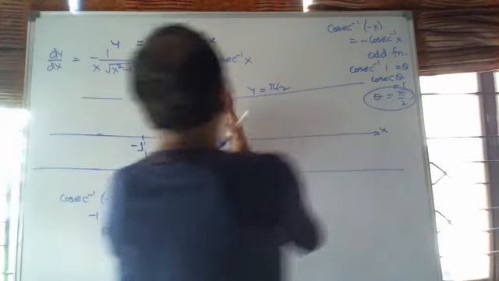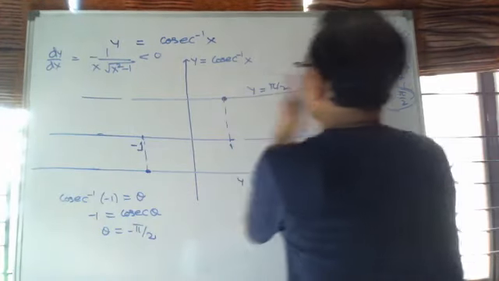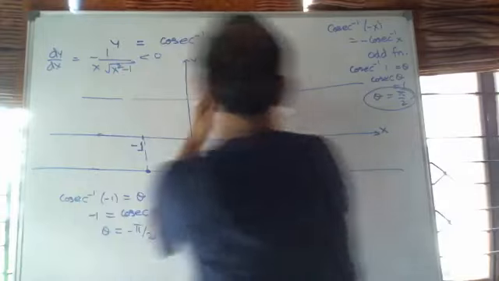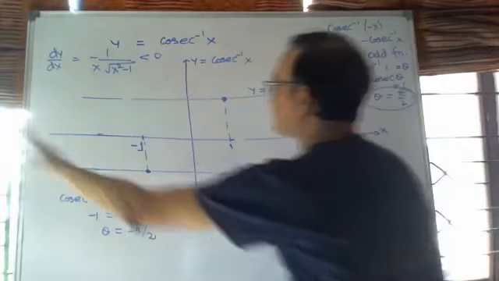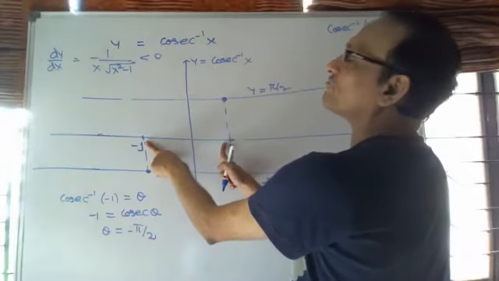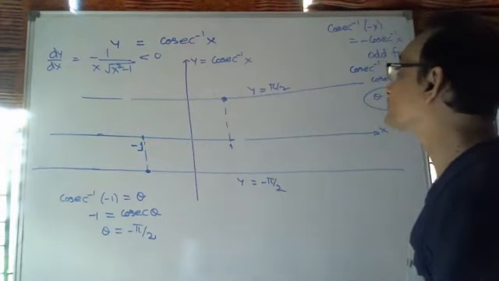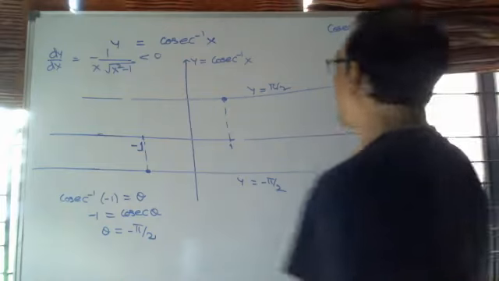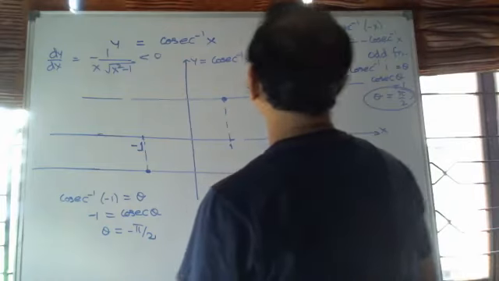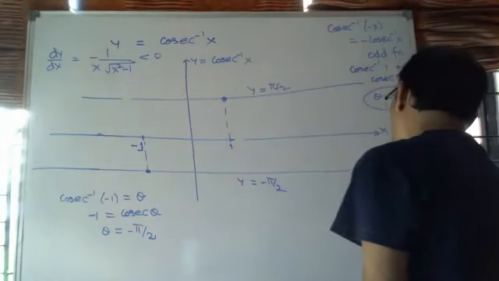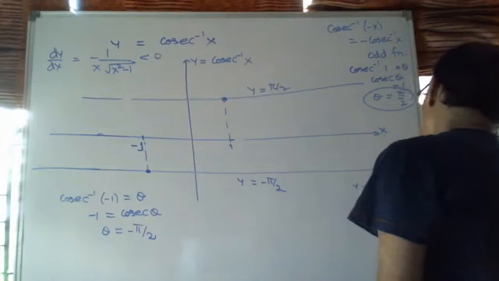But what is the domain of this graph? To the right of 1 or to the left of -1. The graph will exist to the right of 1 or to the left of -1. In the interval between, no portion of the graph will lie, right? It is decreasing. What happens as x tends to infinity? What happens to y, where y is cosec inverse x?